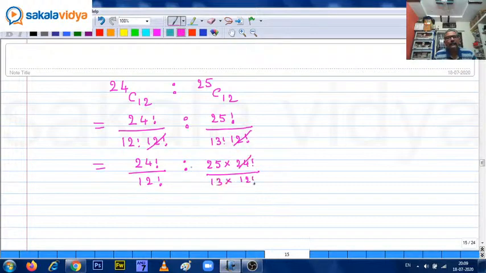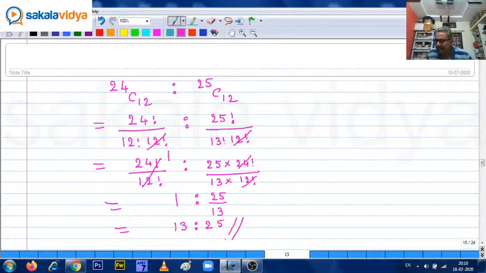Here 24 factorial and 12 factorial both get cancelled. Here we have 1 is to 25 by 13. Generally the ratio is expressed with the two terms as positive integers. Multiply with 13, and you get 13 is to 25, which is our desired answer.